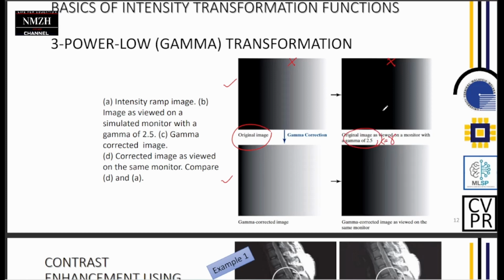Intensity ramp B is viewed by simulator, the same image with 2.5 here. C is gamma corrected, so this is the gamma corrected version of the original, viewed the same way.